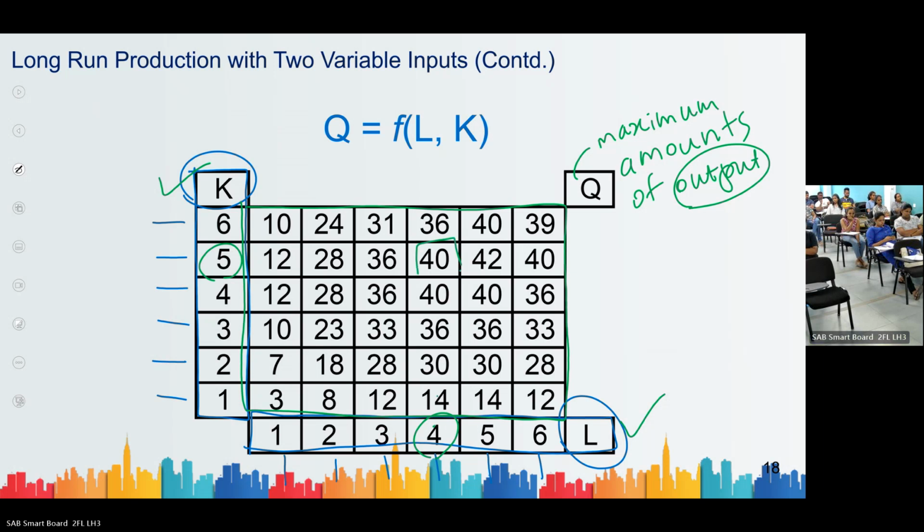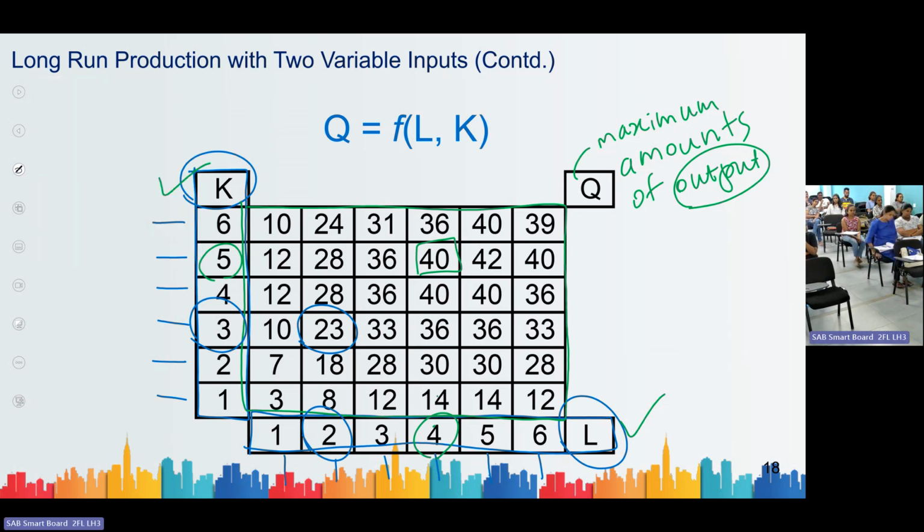40 units. They can produce 40 units of output. If they utilize 2 units of labor and 3 units of capital, how much can they produce? 23 units of output.